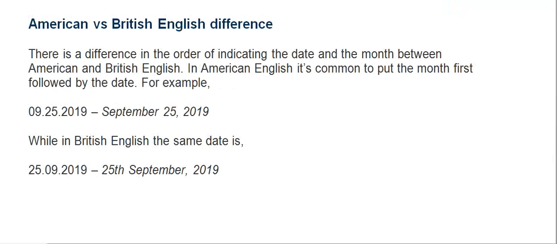Also, we have a note here describing the difference between American and British English. There is a difference in the order of indicating the date and the month. In American English, it's common to put the month first, followed by the date. For example, in America, they say September 25th, 2019.